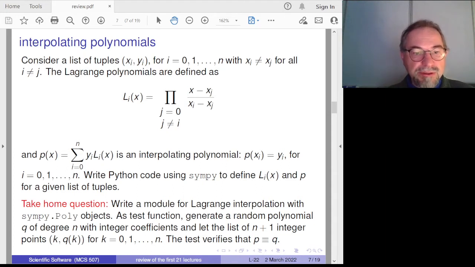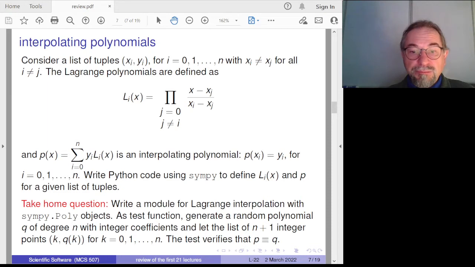Okay, so what is the purpose of the take-home question? The purpose of the take-home question is to define a module to work with Lagrange polynomials through the poly objects that SymPy provides.